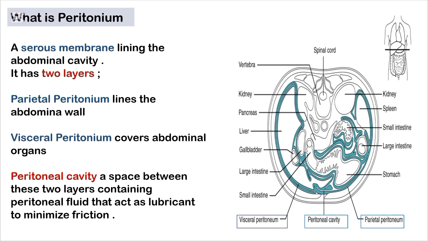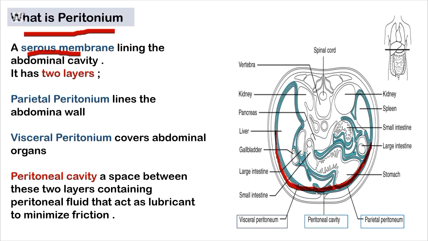A question arises here, what is peritoneum? But don't confuse peritoneum with the histological layers of the alimentary canal that we have studied. Peritoneum is a serous membrane that lines the abdominal cavity. As in this picture, the blue colored membrane shown here is peritoneum, as it is lining the abdominal cavity.